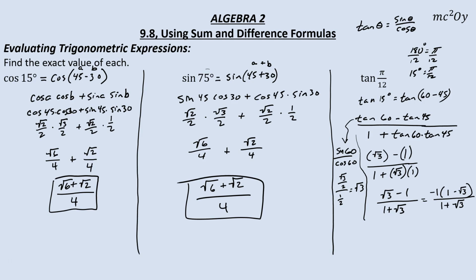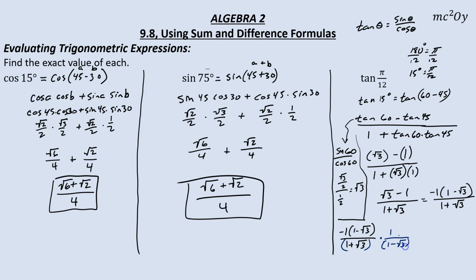Okay, and so now I'm going to go ahead and get this root out of the denominator. So for those of you who have forgotten how to do that, that's when you take and you multiply by its conjugate. Okay, the conjugate of 1 plus root 3 is 1 minus root 3.